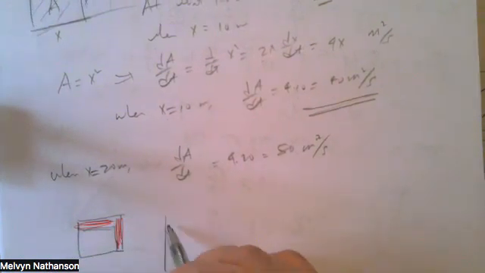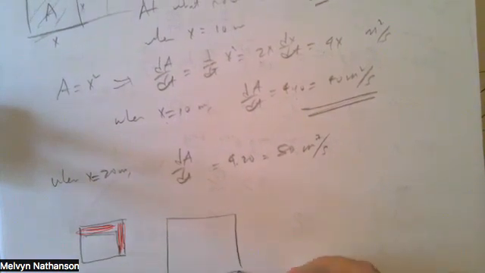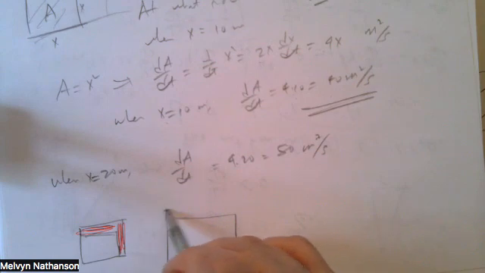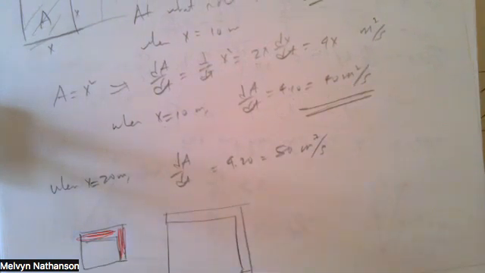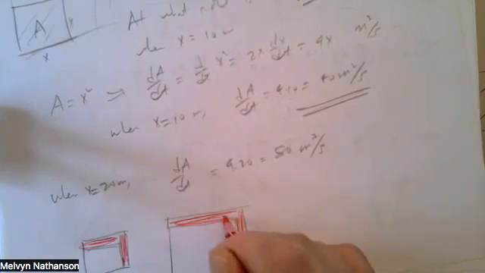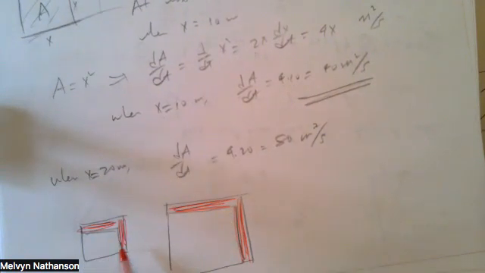If you have a bigger square and you increase the side by the same amount, the added area you get is this. And you can see here, the red amount of new area is much smaller than here, where this red amount of new area is. So even though the side of the square increases at a constant rate, the area increases faster and faster.